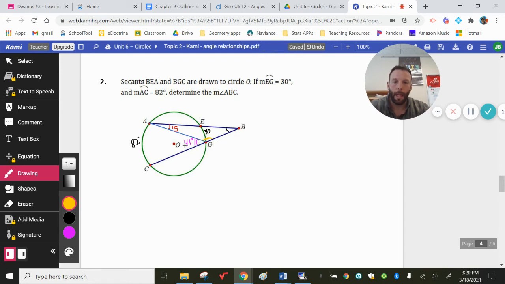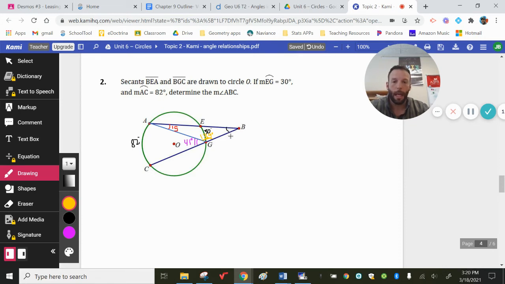Since they're a linear pair, they add up to 180, so the one on the other side is 139 degrees.